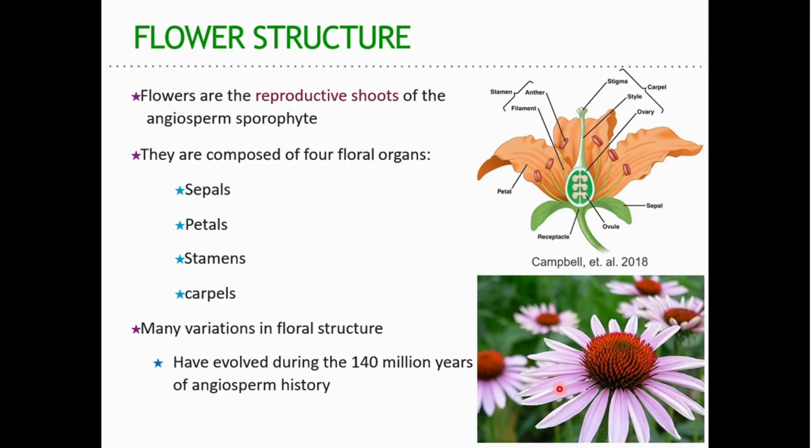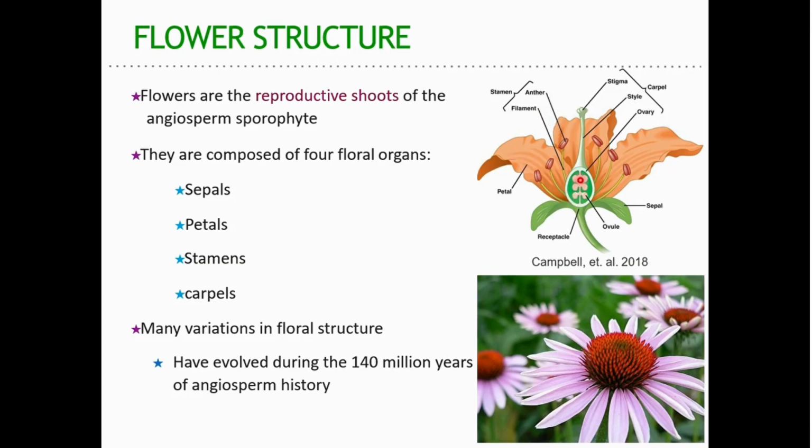Okay, flower structure. So flowers are the reproductive shoots of the angiosperm sporophyte. So they are composed of 4 floral organs. The first one is the sepals. Here are the sepals. And then on top we have the petals of the flower.